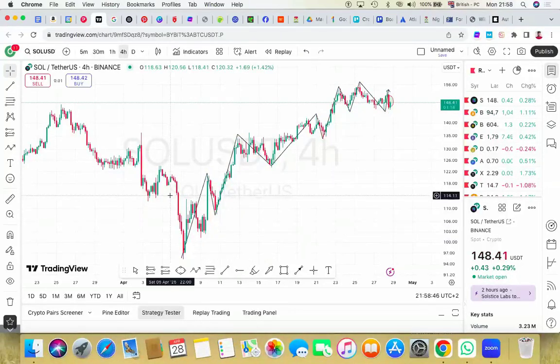Now for us to do our own analysis, since we are day traders, for a clear top-down analysis you want to start from either the daily time frame, then pick 4 hours, then 1 hour, then 30 minutes, and then 5 minutes.